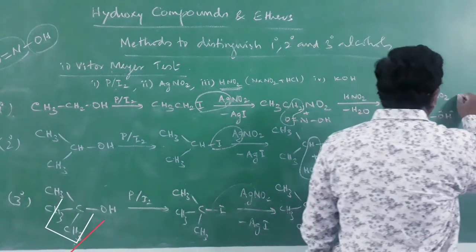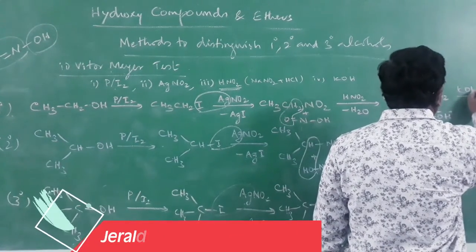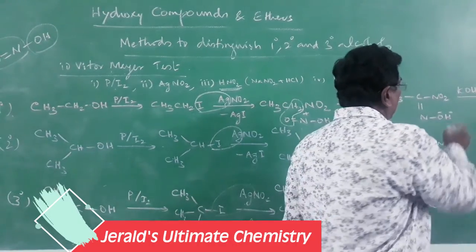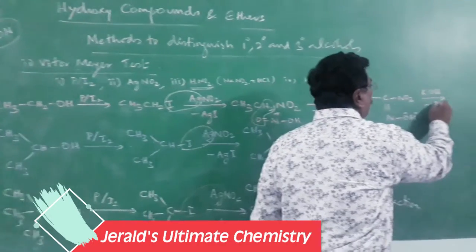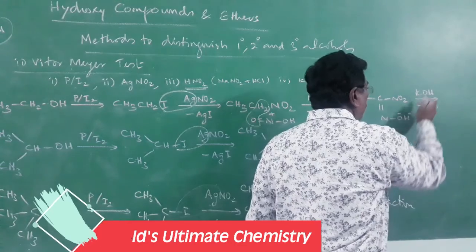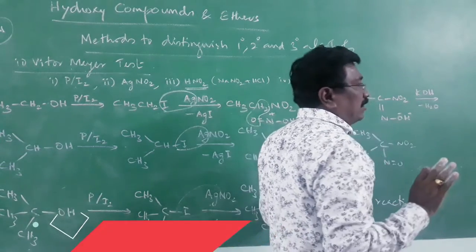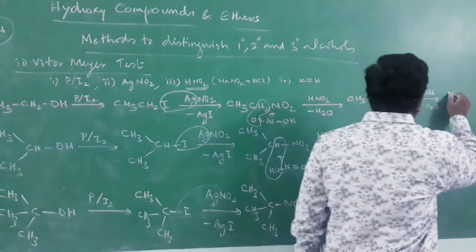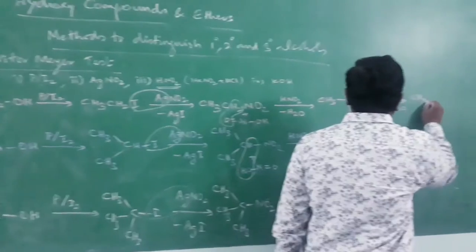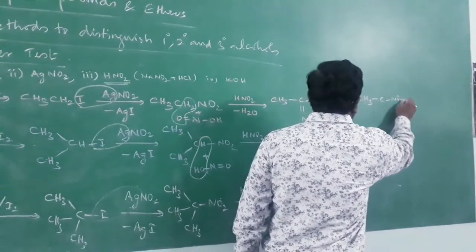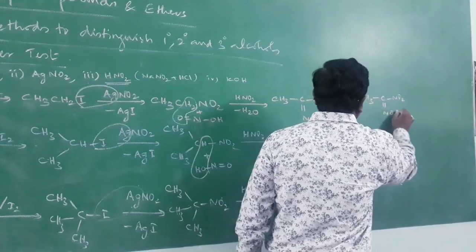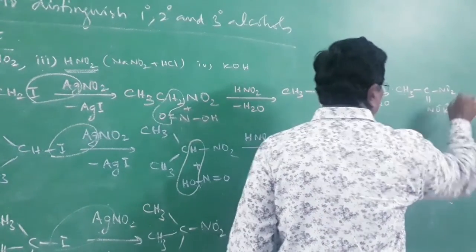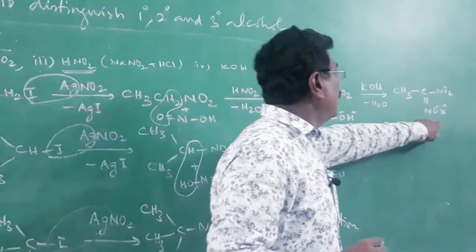Again, when it is made to react with an alkali, say KOH, remember very clearly, the H plus gets combined with OH to become water. H will be replaced by K. That's nothing else. You have to understand the concept carefully. CH3C(NO2)=NOK, the potassium salt of nitrolic acid.